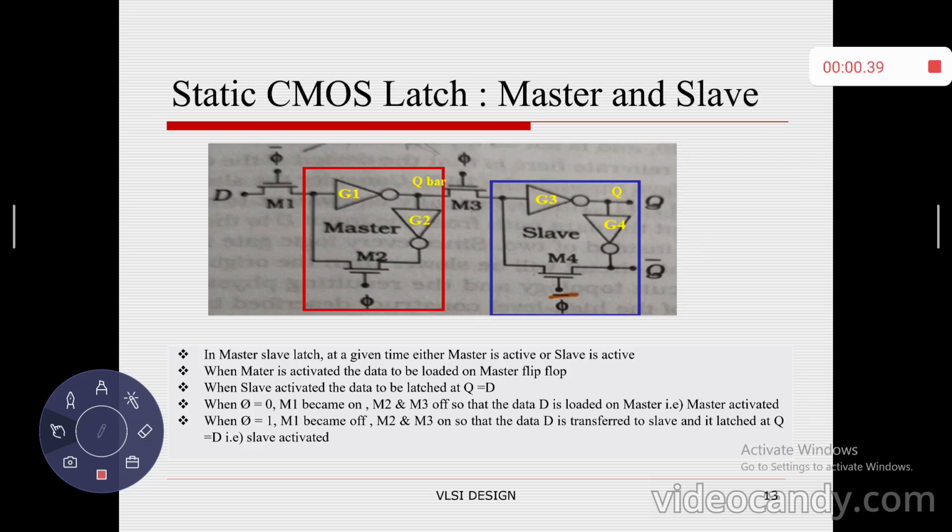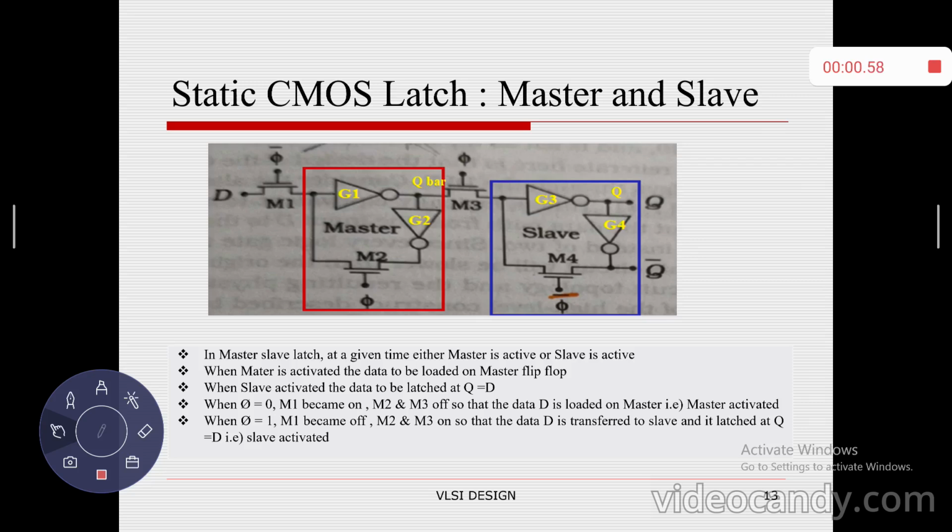Loading in both master and slave, or holding in both, at the same instant is not possible. If the master is performing the loading operation, then the slave will be holding.